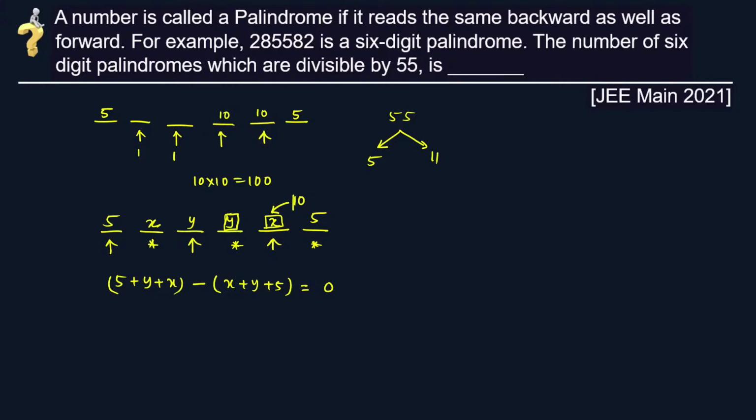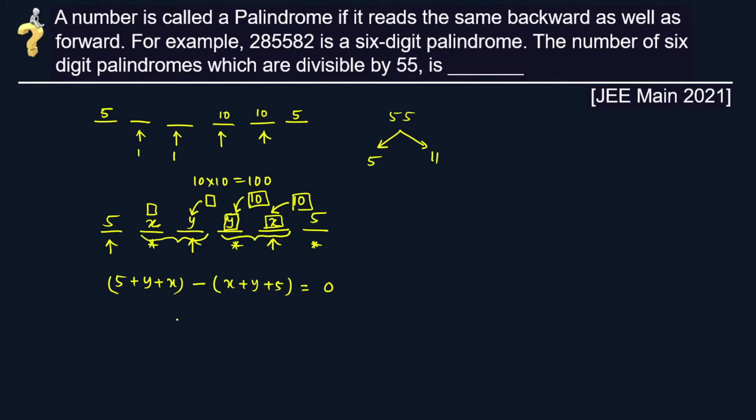Whatever digit you put here, you have to put the same digit over here. And this place also can be filled in 10 different ways. Whichever digit you put here, the same digit will come here. Is it clear? And in all these cases, the sum of these two digits will be the same as the sum of these two digits.